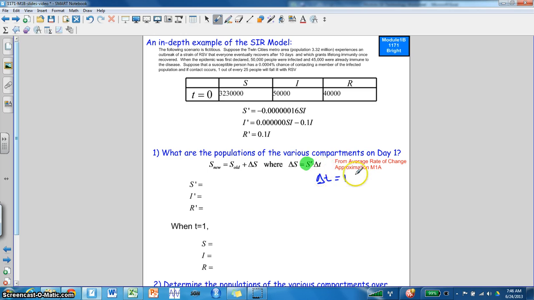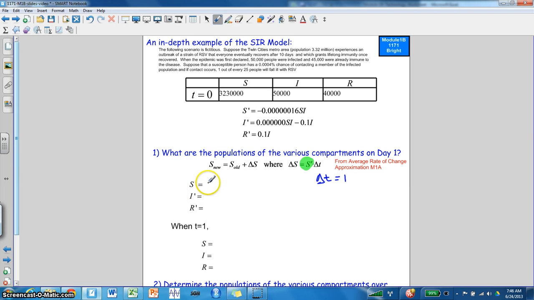The time units here are in days, so delta t we're going to take to be 1. So we have our rate equations. Let's just go through and do the arithmetic.